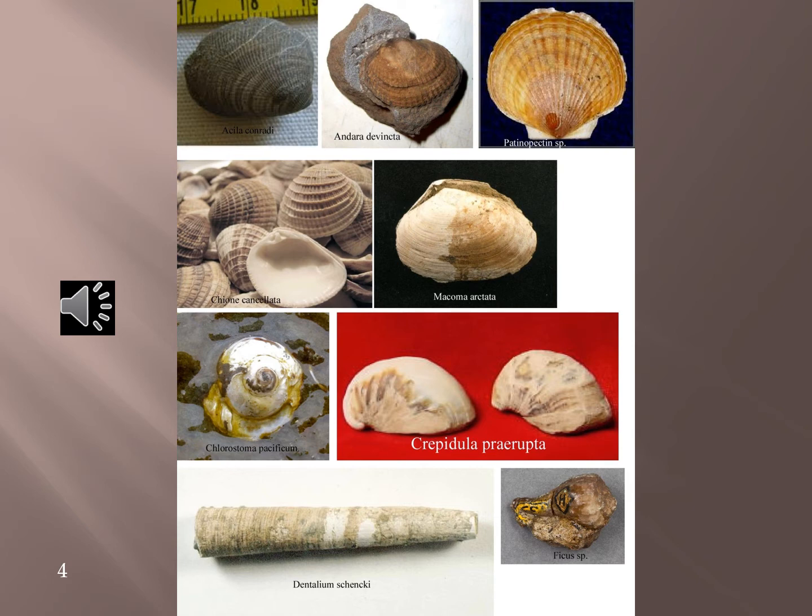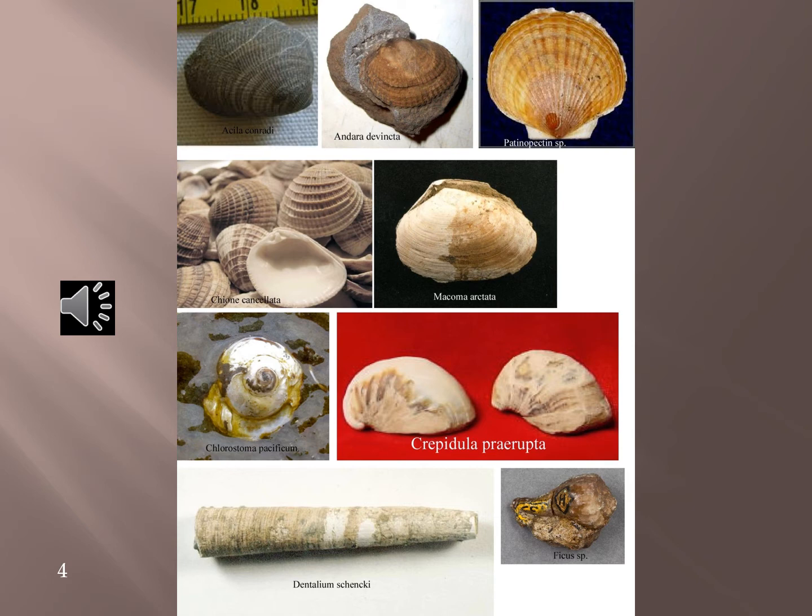Middle lower right, Macoma arcata has a thin flat shell, often having a hole drilled by snails, which then ate the clam. Lower upper left, Chlorostoma pacifica, a gastropod or snail with a short rounded design and a well-defined whorl. Lower upper right, Crepidula praerupta, an extinct hermaphroditic, claw-like snail which lived in colonies linked together.